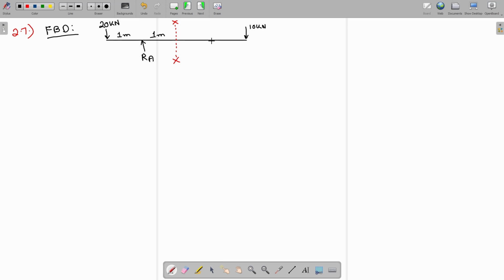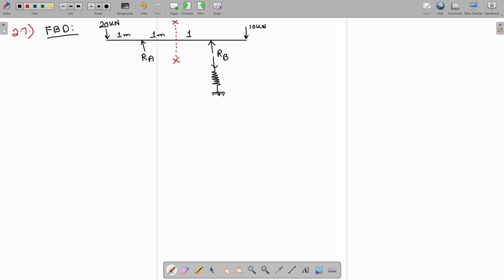At this point, there is the spring, but the reaction of the spring we are going to write like this. This is RB.